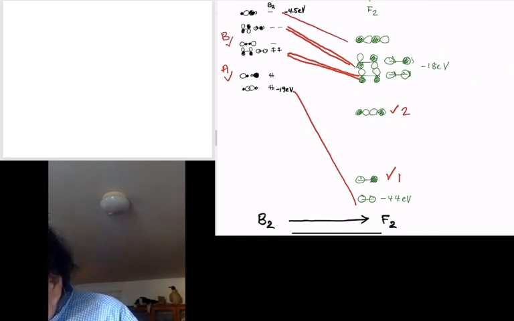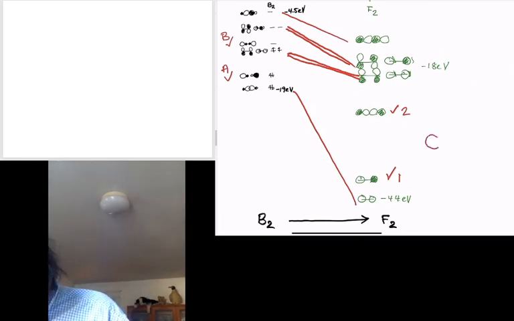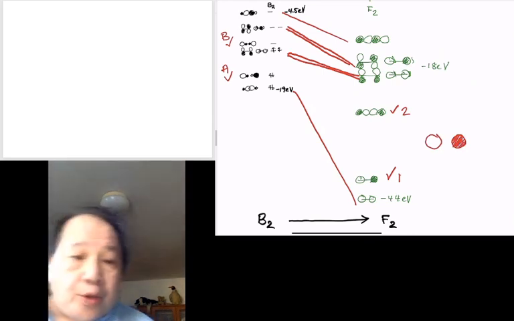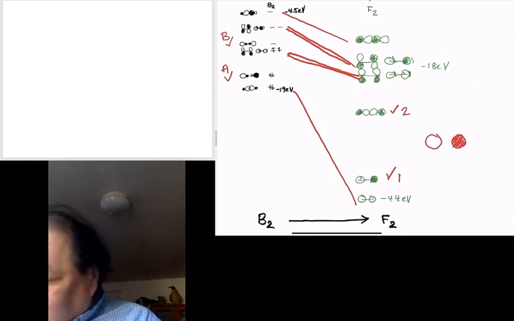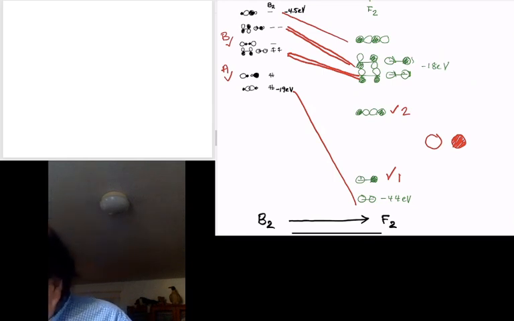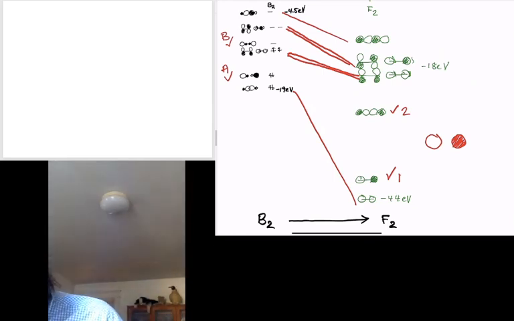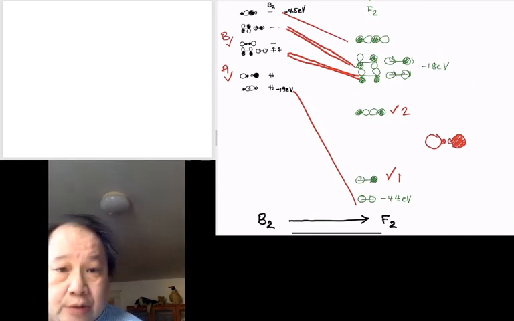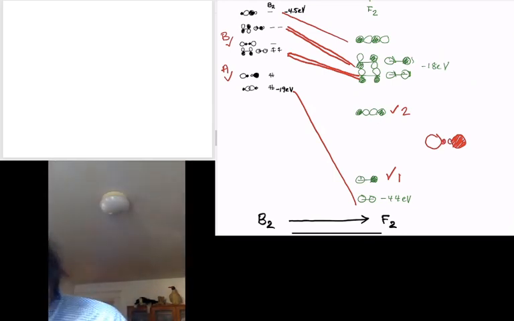There it is. Can you see? Look at that picture at 1. It's purely s. And now I'm just going to add a tiny amount of p into it. Here's a little p being added. There's a pure s orbital.